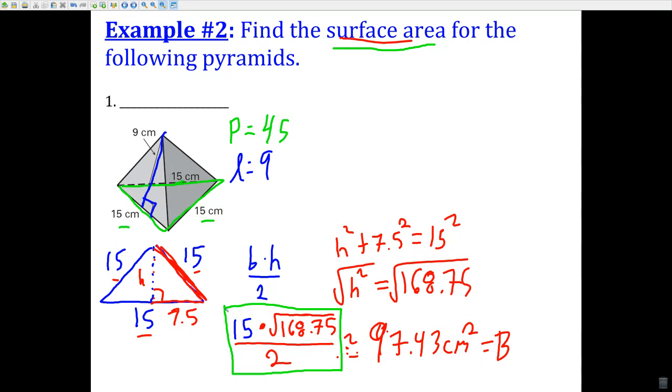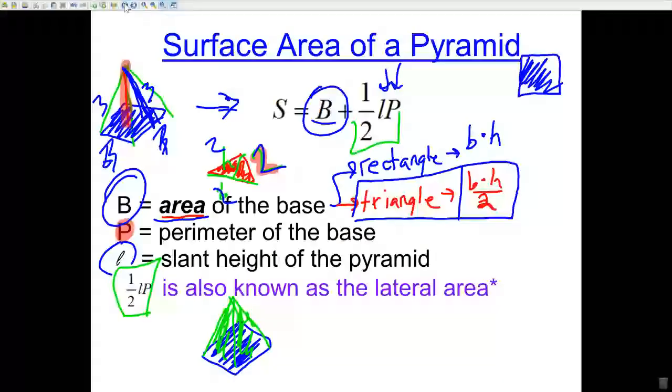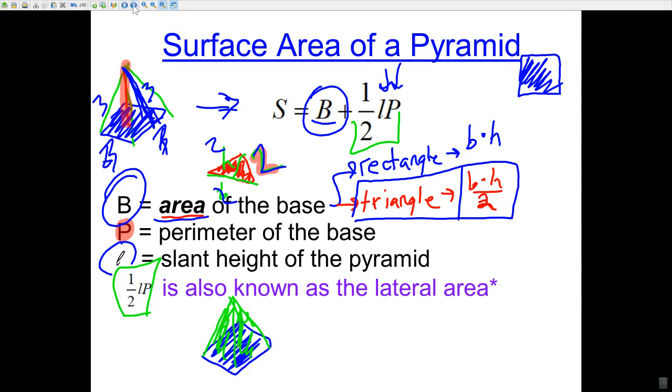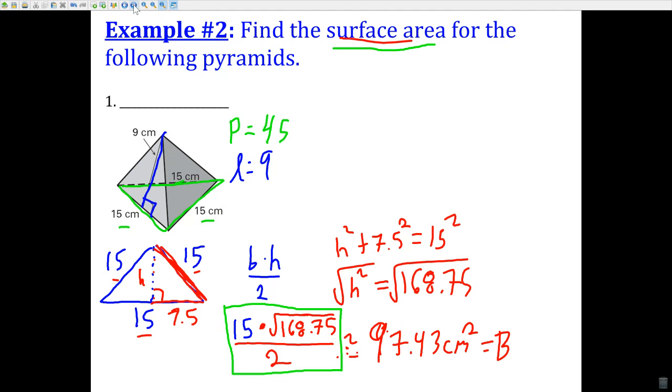So here's how you want to punch into your calculator for the final formula. Let's look at that formula that we're going to use: big B plus 1/2 times the slant height times the perimeter. So technically, here's what you want to do. You're going to do the 15 times square root of 168.75 divided by 2.